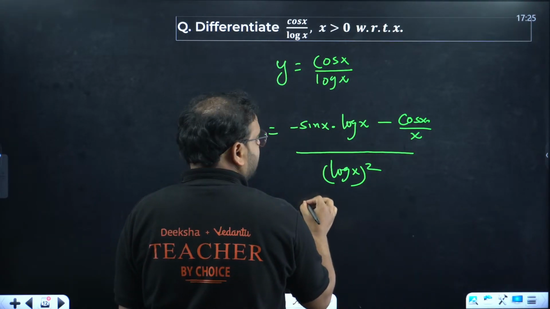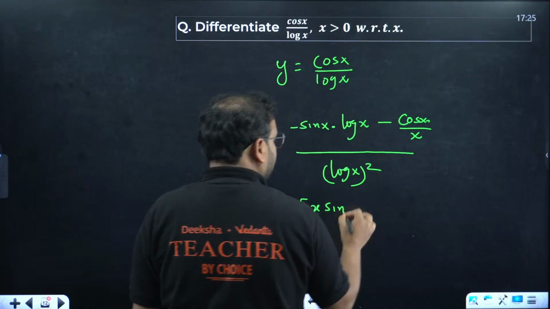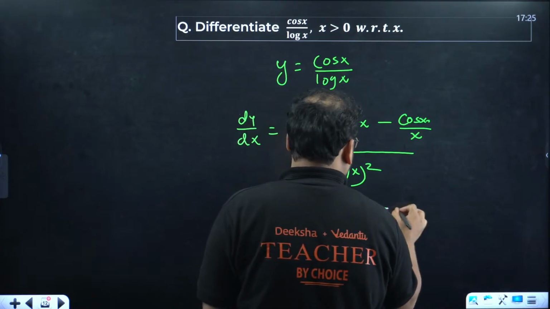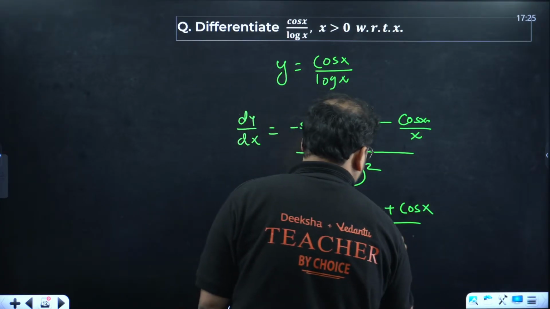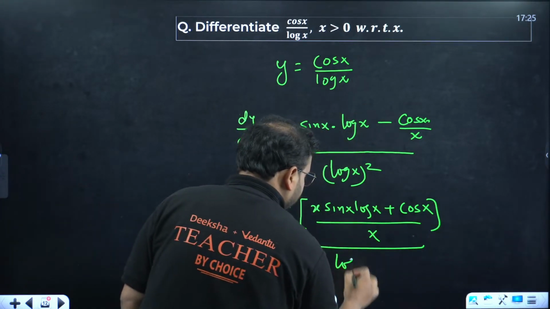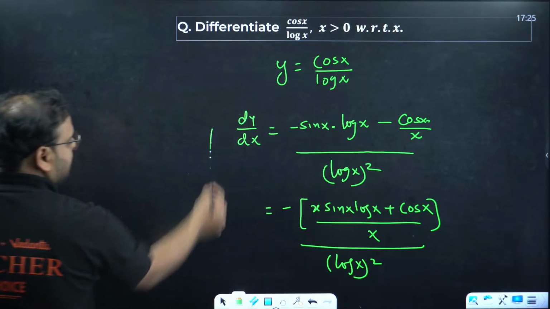So if you take LCM, right, you'll have x sine x log x plus cos x upon x divided by log x the whole square. Simplify this, you'll have the final answer.